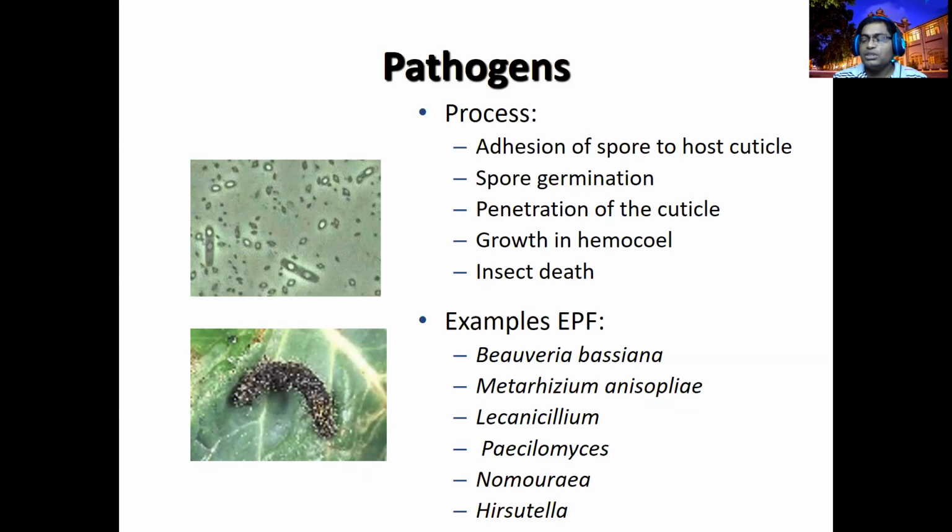In this way, by using the genes encoding this endotoxin, nowadays they have modified many crops, GM crops with the Bt gene inserted, mainly maize and cotton, or Bt brinjal in India.